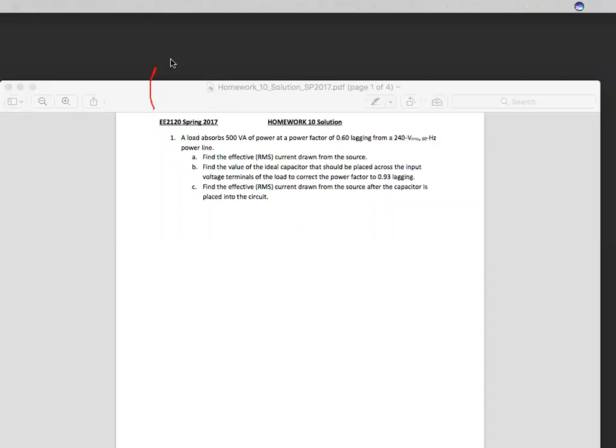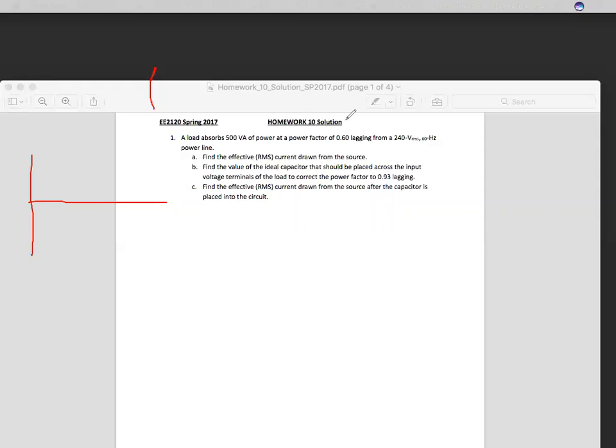Okay, this is power factor correction. Work with power factor, etc. So, what is power factor? Briefly, you have an AC circuit, and here's our XY.